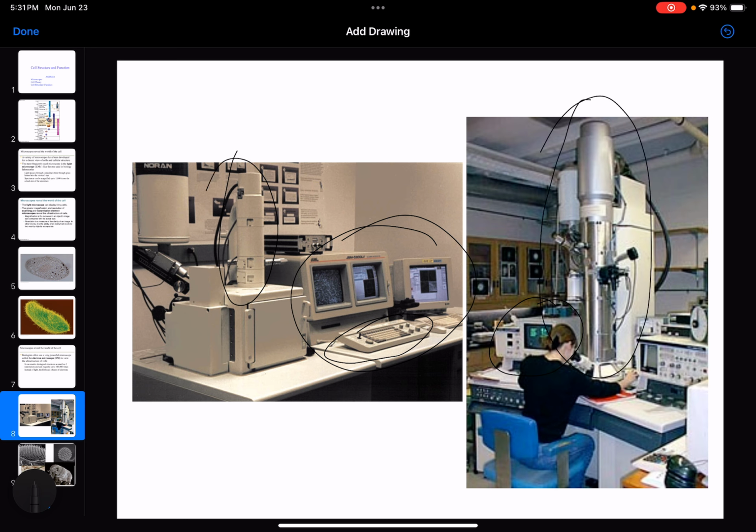That's the microscope. These big, cylindrical, tubular microscopes. And if you notice, there's a big cable behind each one. So looking at the one on the right here, that cable, I'm going to darken it in. That cable is delivering a high amount of voltage.